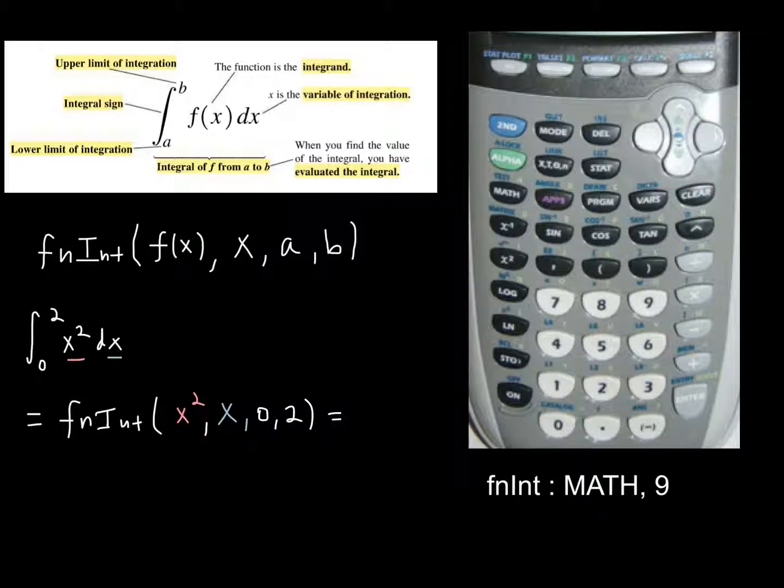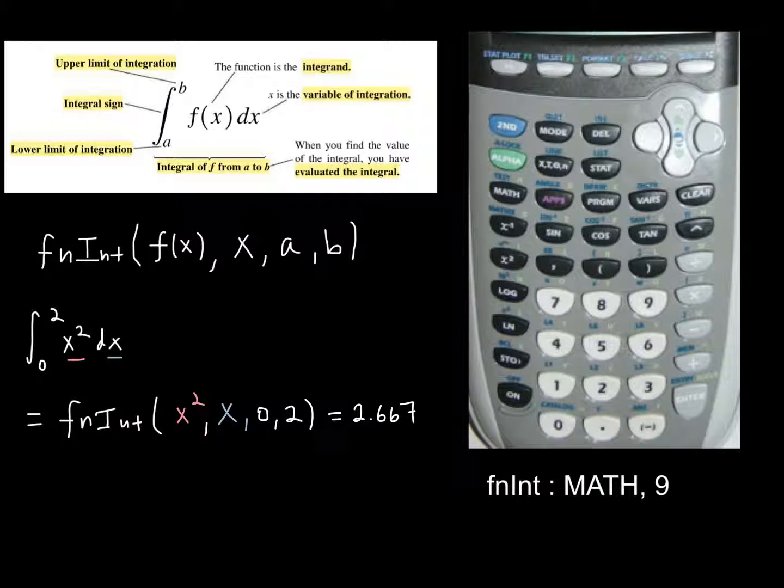And if I do so, I get 2.6, many sixes, and then a 7, or 2.667 approximately, or 8/3. Notice that your calculator isn't going to return 8/3 because it's going to do an approximation. So it won't give you the exact value as a fraction. It's going to give you a very good approximation. It's the same approximation it would give you if you typed in 8/3 and hit enter into your calculator.